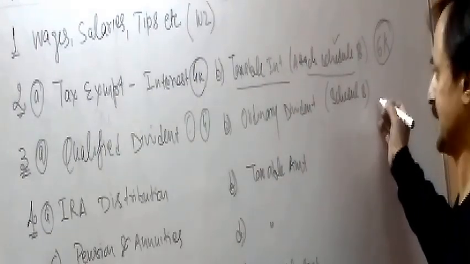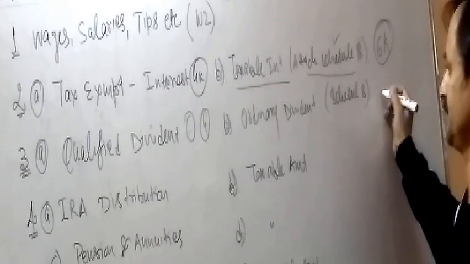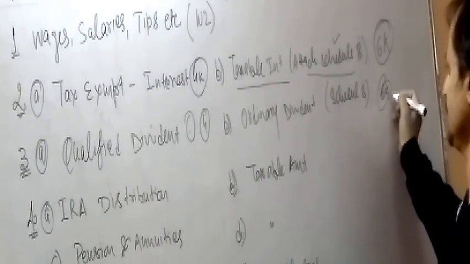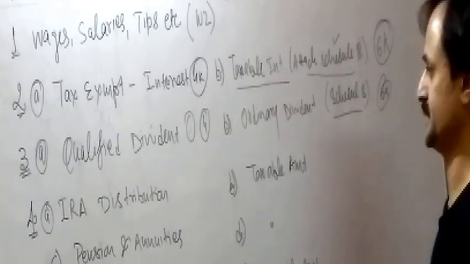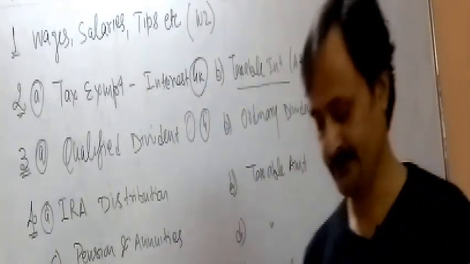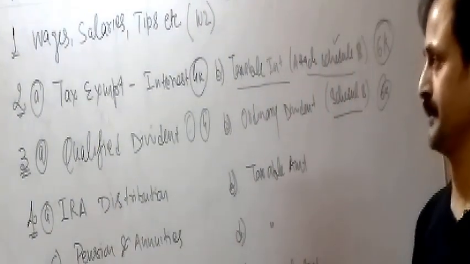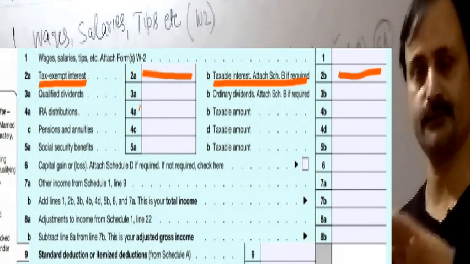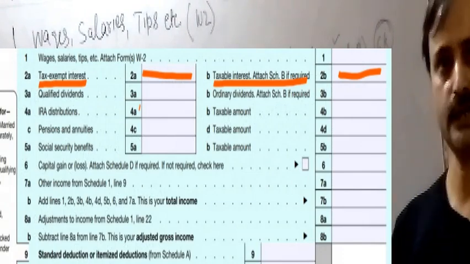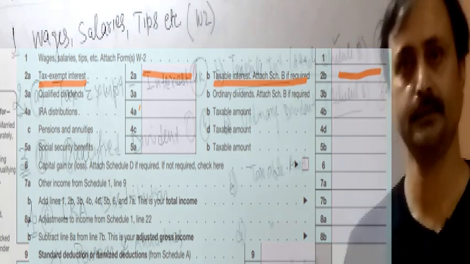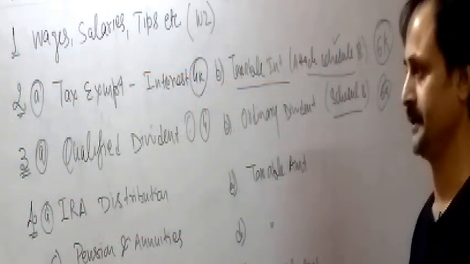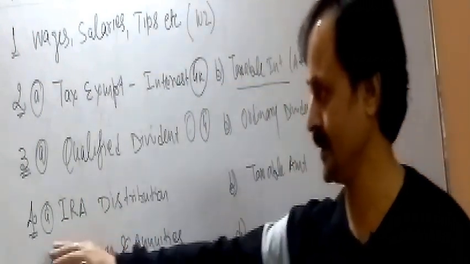And the ordinary dividends, on which normal taxes will be applied, will be written in section B, so 6,000 again, and the same schedule B is needed. Whenever a borrower has both dividend and interest income on the same schedule, the first half of schedule B gives the interest income detail, and the second half gives the dividend income detail. Let's go to line number 4.